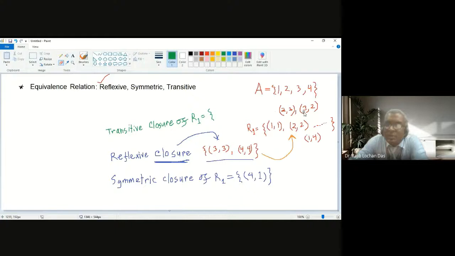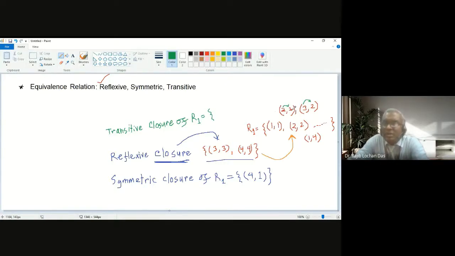So let us check whether it is transitive or not. How can you check? You will check two items in serial first. Say one is 2, 3 and then another is 3, 2. Serial means 2, 3 then 3 to another thing.